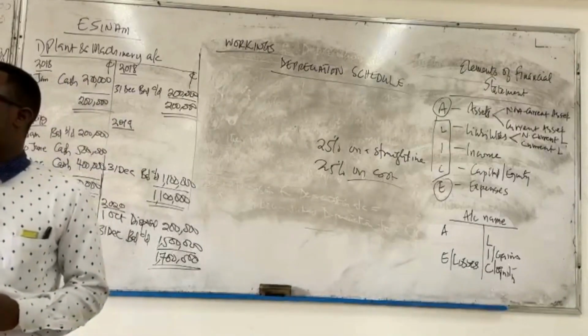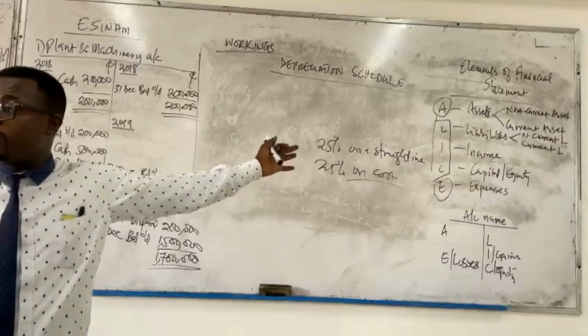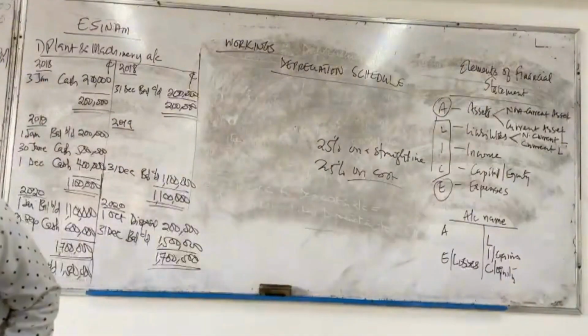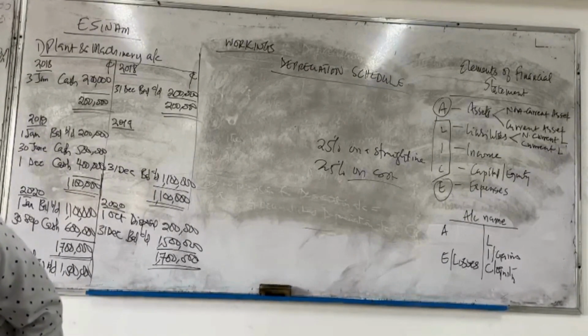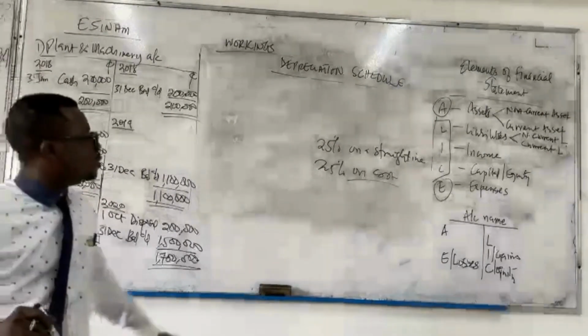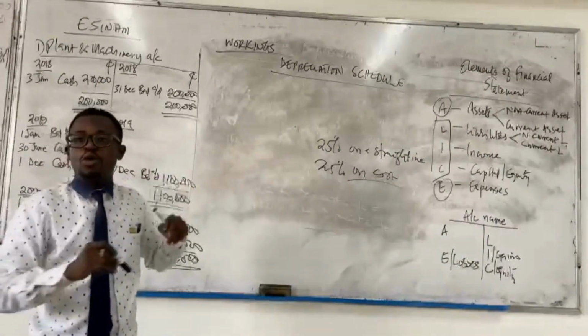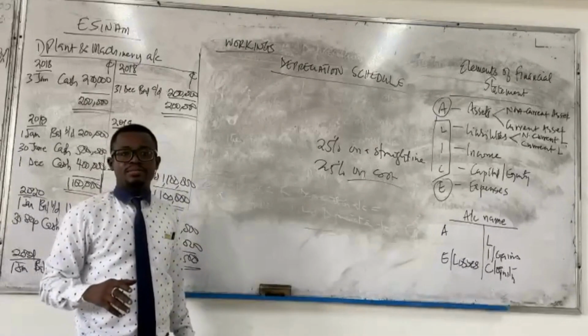It's the same as using the straight line method to compute depreciation. And here, from our question, the depreciation is charged on a straight line basis. Therefore, we are going to compute it as such.